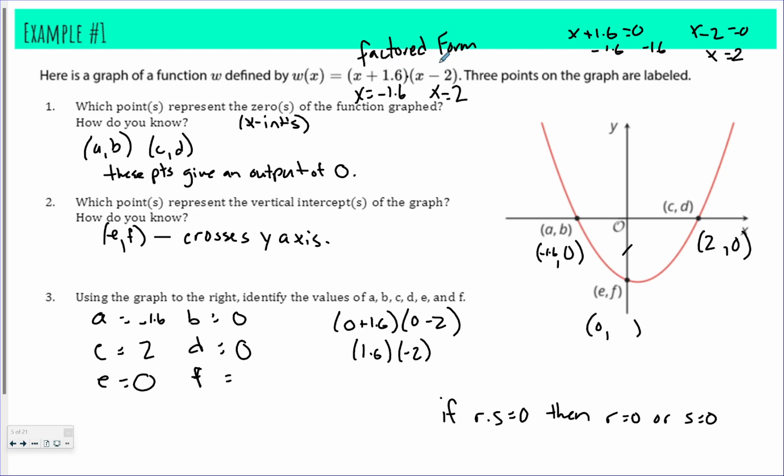In this case, you could multiply the x-intercepts together, but that doesn't always work. It does work to multiply these two together. So 1.6 times negative 2 is negative 3.2. And that's going to be the y-intercept.